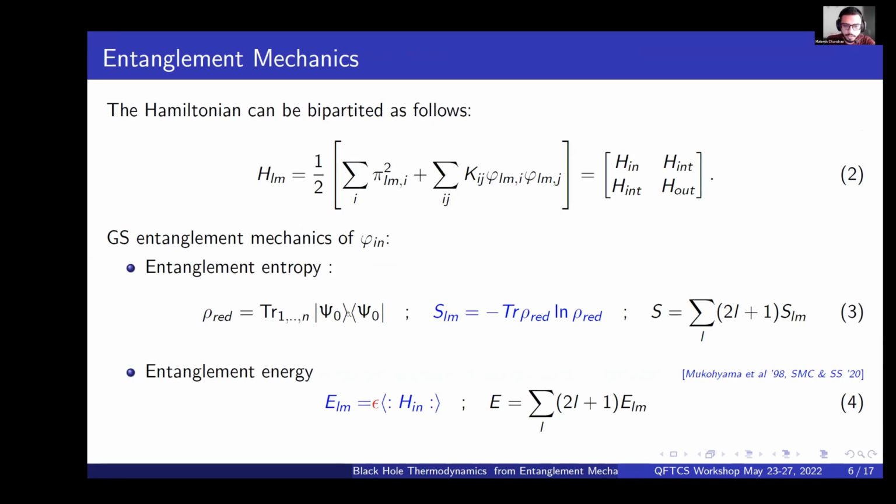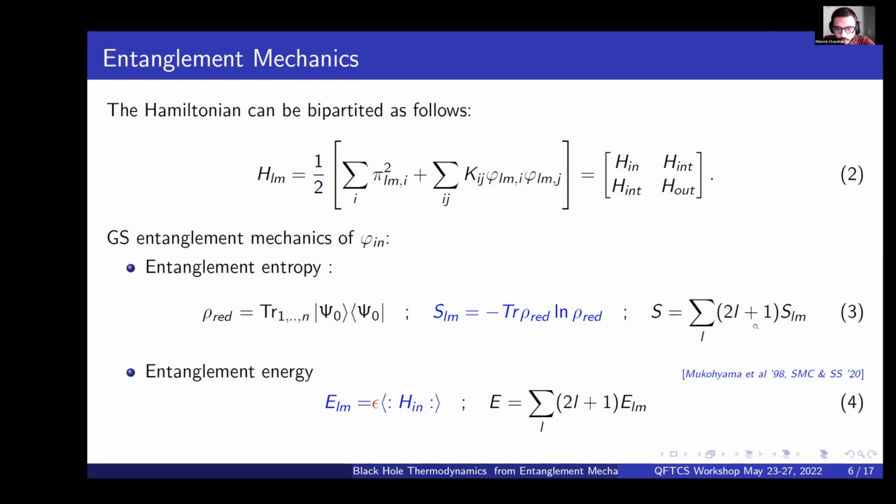We have a total density matrix corresponding to a pure state, and then when we trace out the degrees of freedom in phi in, we see that the reduced density matrix that we obtain does not correspond to any Hamiltonian. It's a mixed state basically, and the entropy corresponding to this reduced density matrix is what we understand to be the von Neumann entropy definition of entanglement. There are also other measures of entanglement, but we'll be focusing on this particular expression.